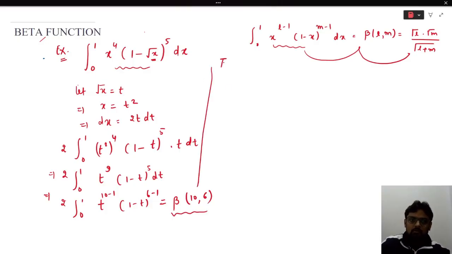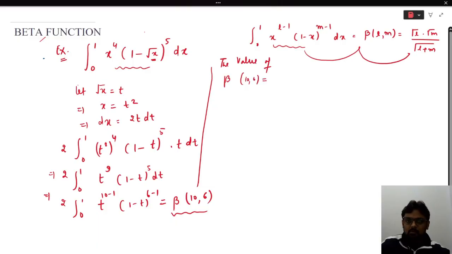The value of beta 10 comma 6 is gamma 10 into gamma 6 upon gamma of 10 plus 6. Sorry, this is 6. So for gamma 10, we use the property gamma n plus 1 is factorial n.